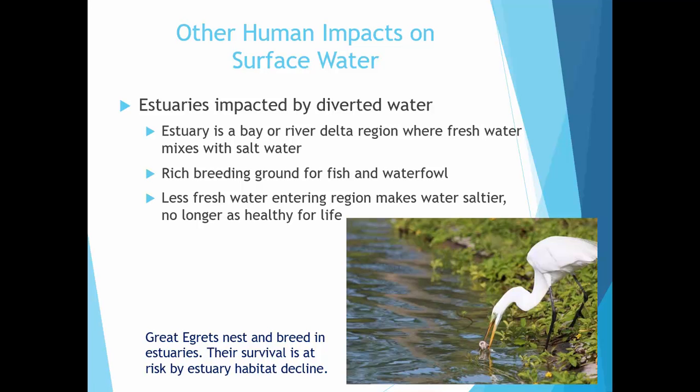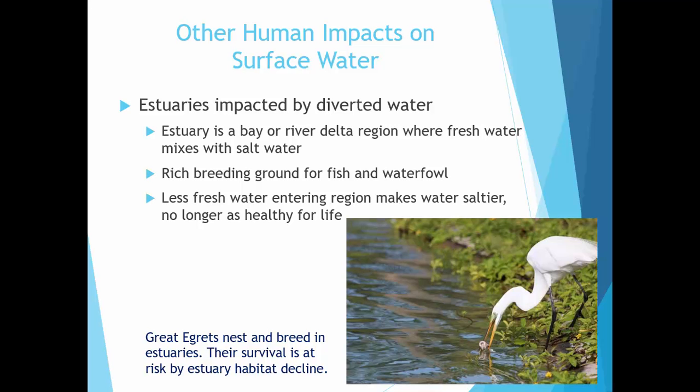That creates this delta region, and then you have a significant mixture of freshwater and saltwater. So these are very unique environments where you have certain species that are adapted to somewhat salty water, but not really salty water. They're rich breeding grounds for fish and certain waterfowl.